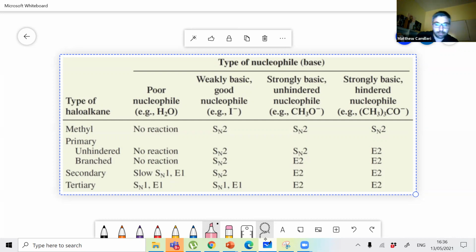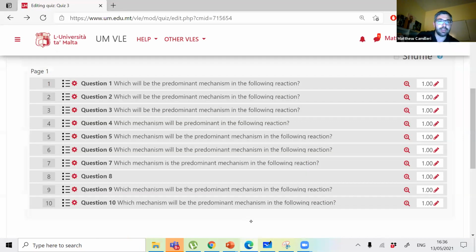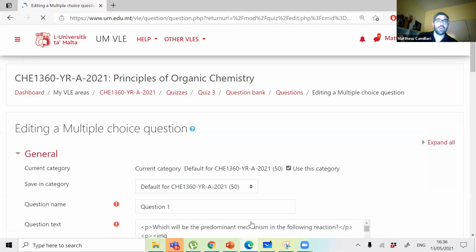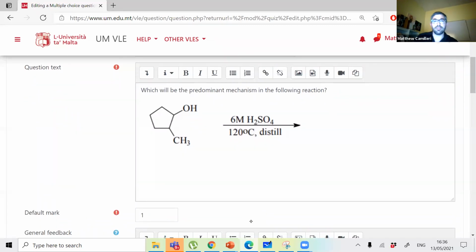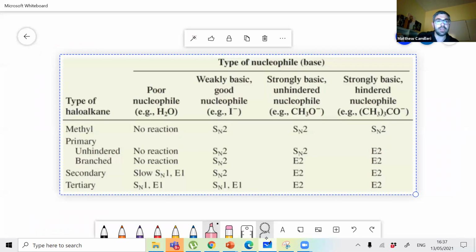So, for example, let's find question one. Question one, you had a secondary alcohol with H2SO4. If we look at the secondary alcohol here, H2SO4 would be a poor nucleophile.